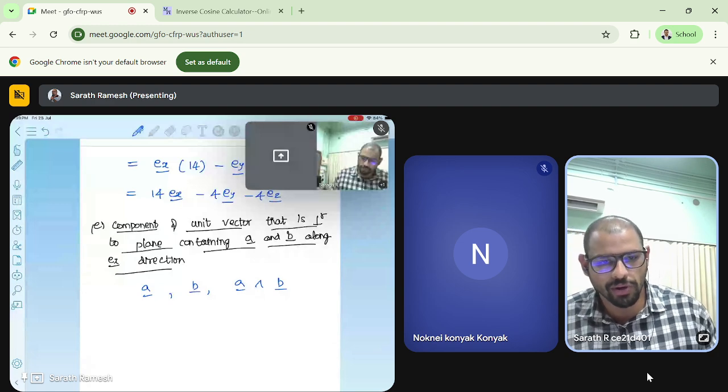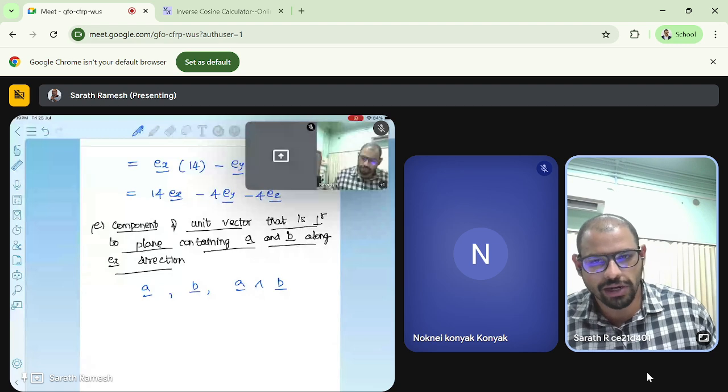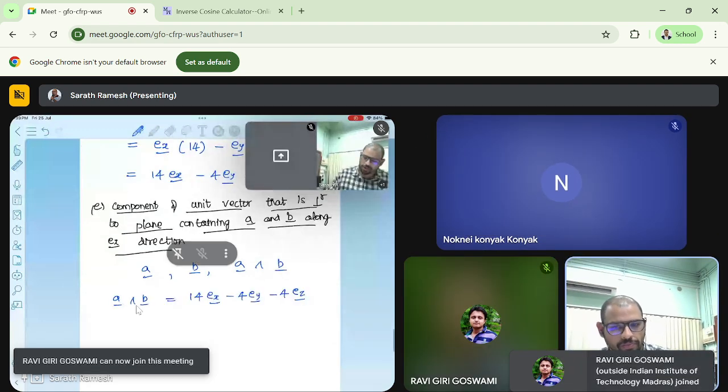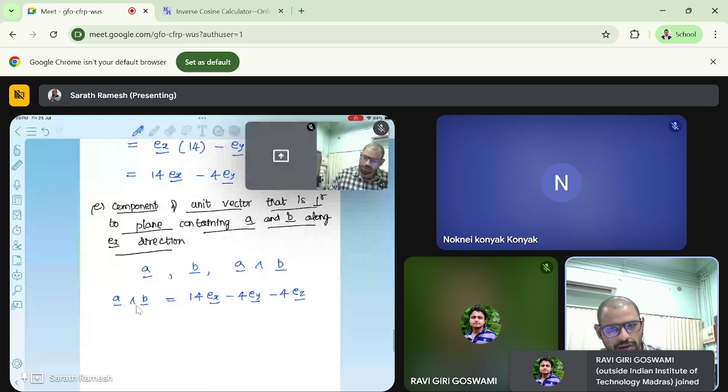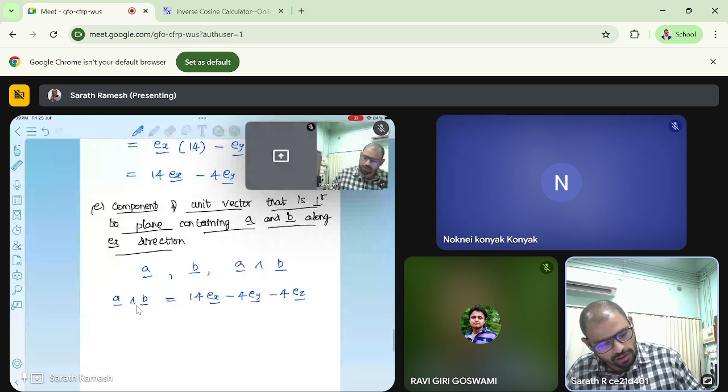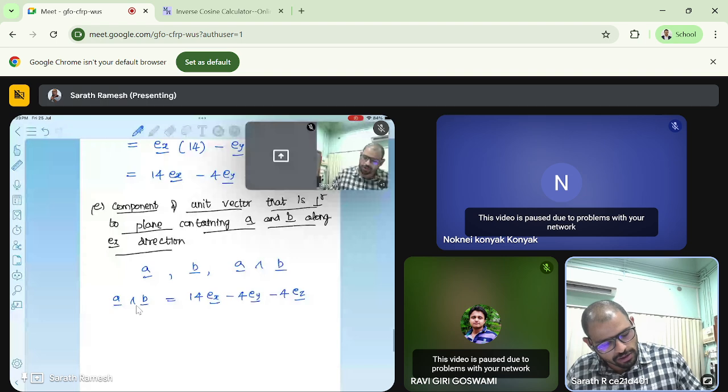What do we mean by unit vector? A unit vector is a vector with magnitude 1. So we need to make this vector into a unit vector. How will we do that? We will divide A cross B by the magnitude of A cross B.